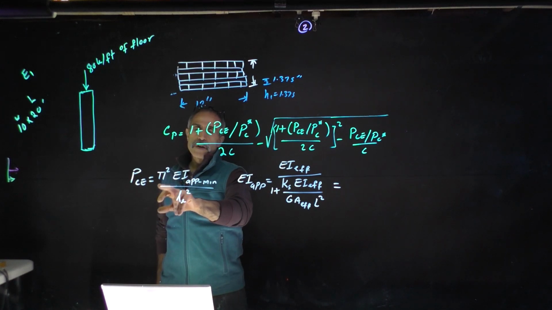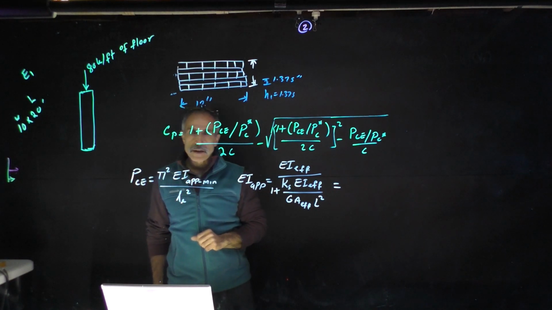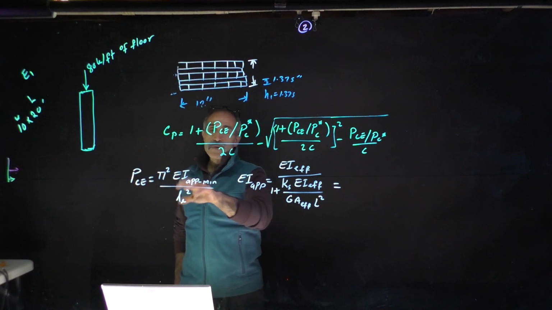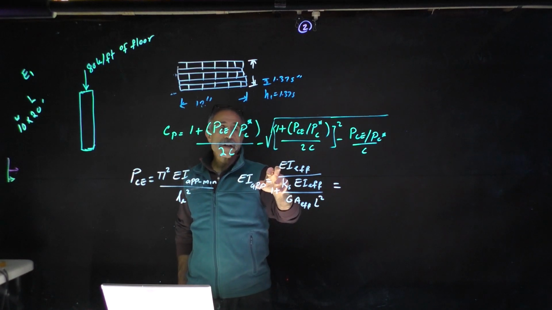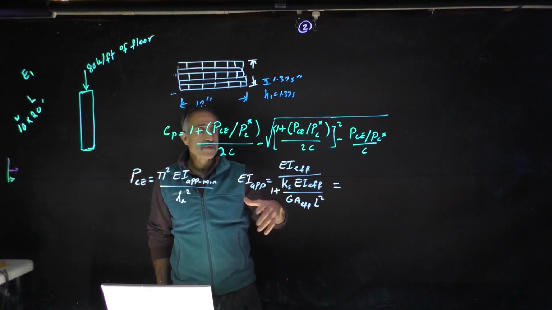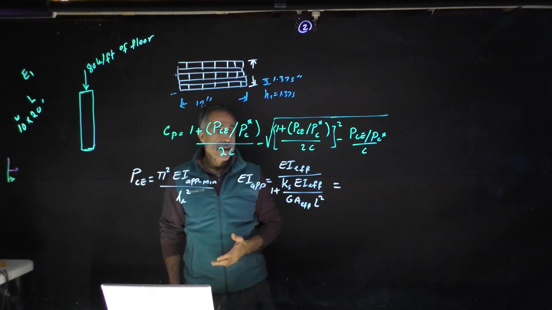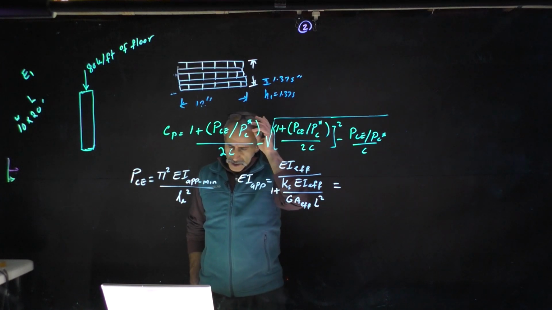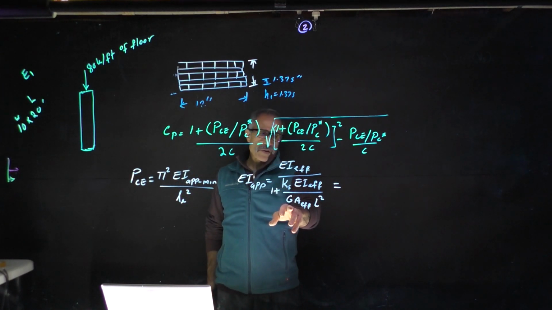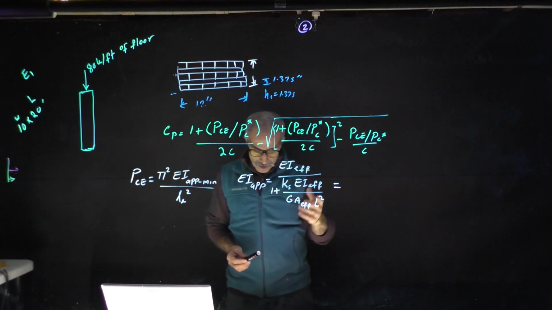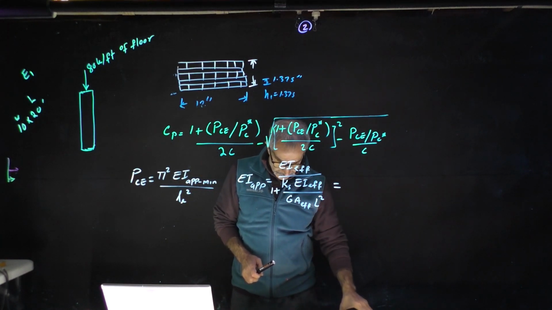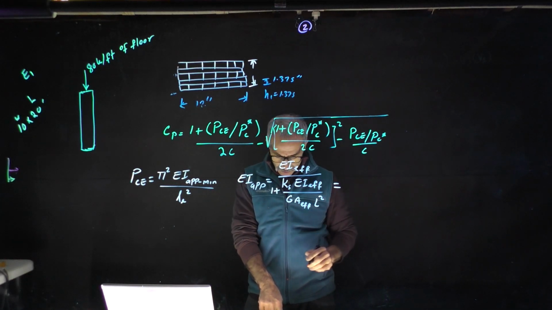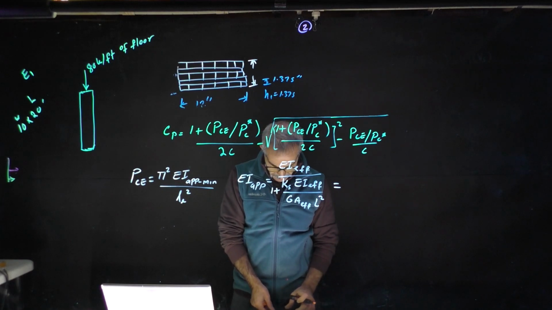To find critical buckling, we have to find the apparent stiffness of EI minimum. To find the apparent stiffness, you basically take the EI effective and divide it by a factor that accounts for shear deflection, which is EI effective divided by the modulus of shear rigidity times L squared. Let's go ahead and calculate this. That comes out to pi, well, I've got to find out, give me a minute.